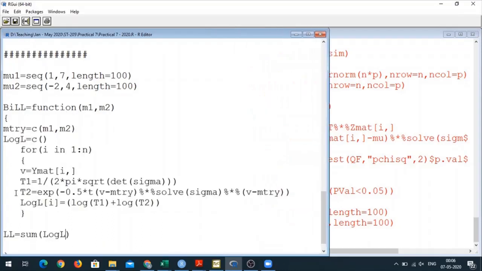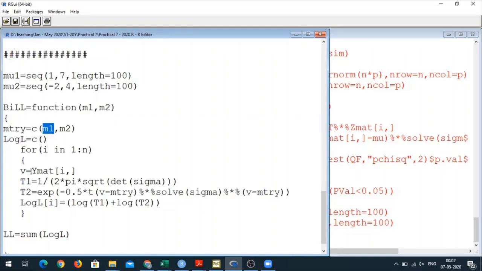Let us try to see what we are doing exactly. We are trying to compute the log likelihood for some possible value of mu, which is denoted by m1 comma m2.